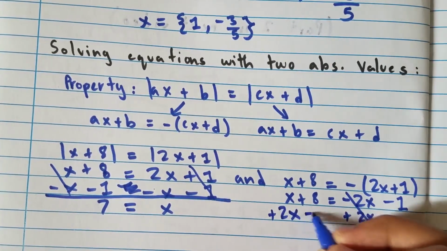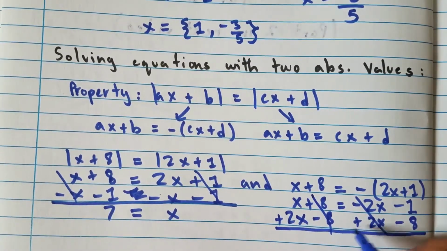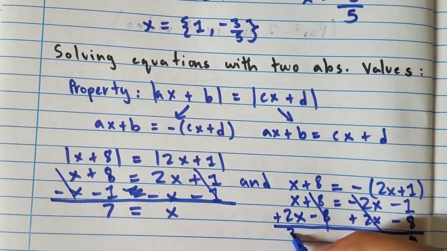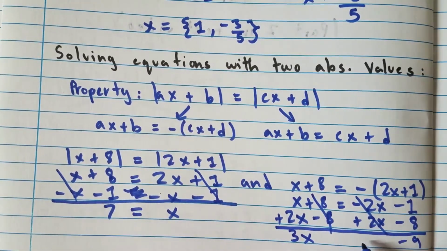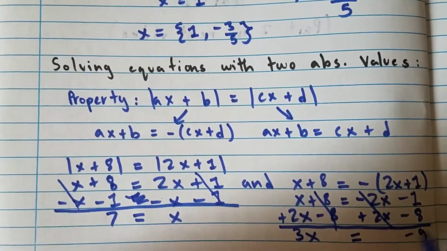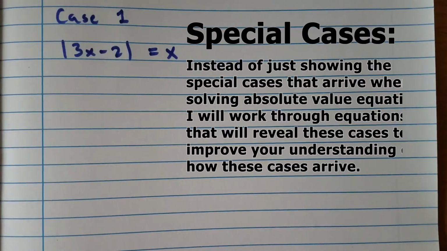From here I can subtract 8, and also from here. So the 8 and the negative 8 cancel out, and here we're left with negative 9, and here we're left with 3x. Now we can just divide each side of the equation by 3, giving us that x equals negative 3.